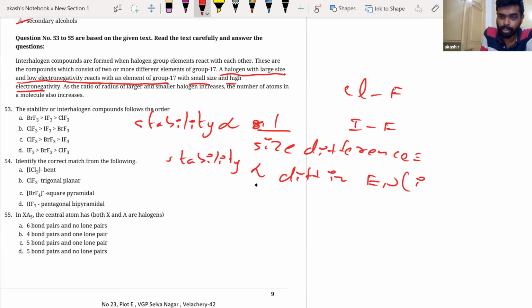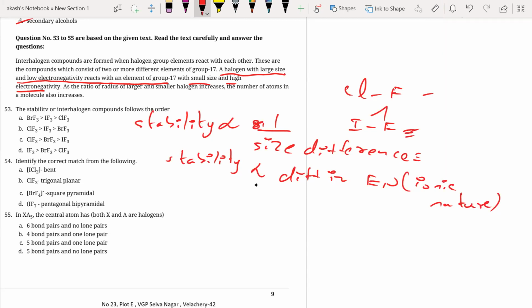Because more difference in electronegativity, more ionic nature, and more ionic nature, more stability. So if I compare a ClF bond and an IF bond, I would say an IF bond is more stable than a ClF bond. But if I consider the size difference, the two have a large size difference, so both will cancel out each other.